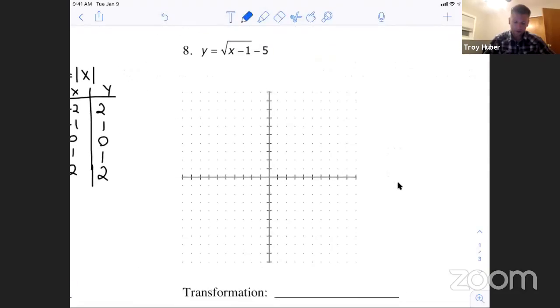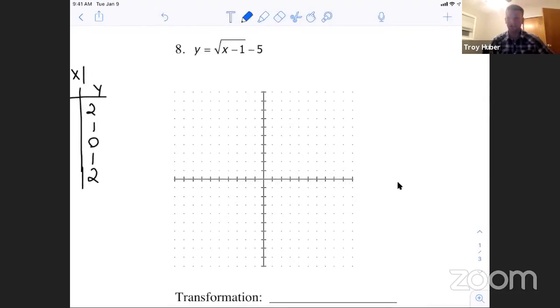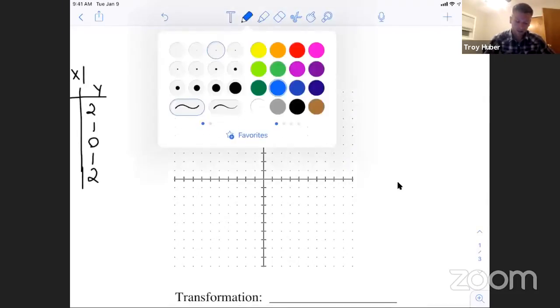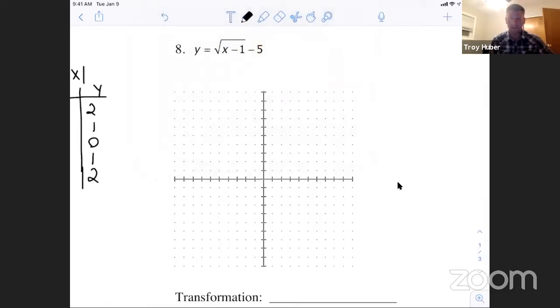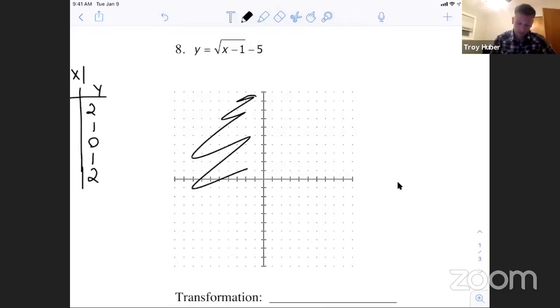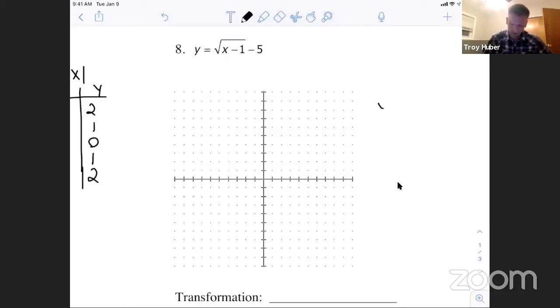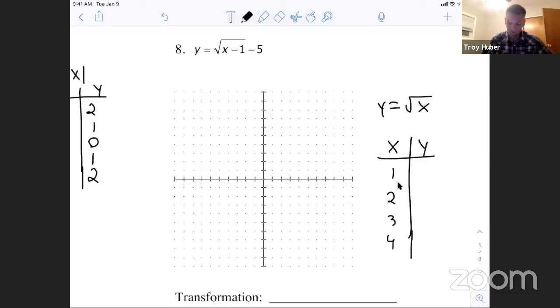But now let's look at another example where we're looking at a square root. All right, so I'm going to get an idea of what the parent function looks like. Remember, you can't do square root of a negative number, so that pretty much cancels out this whole half of the graph. So y is equal to the square root of x, and we'll do the square root of 0, 1, 2, 3, 4.